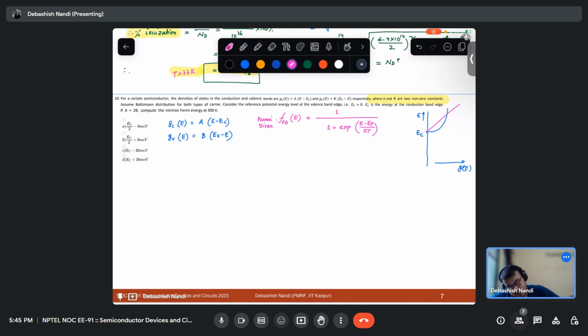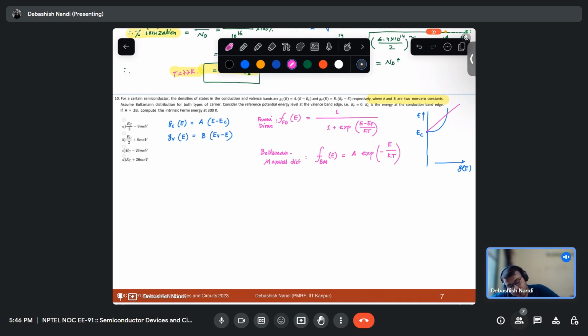What is Boltzmann-Maxwell distribution? It is proportional to, let me just write it with a constant, exponential of minus E over KT.